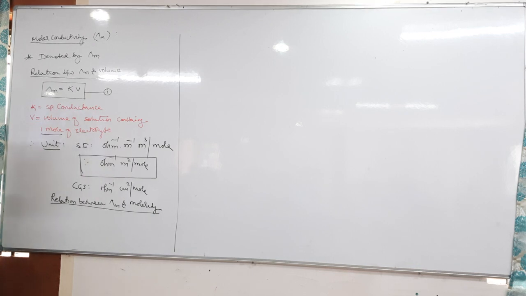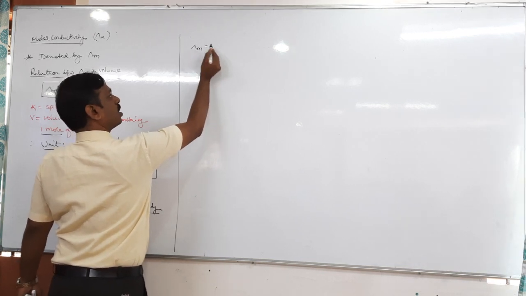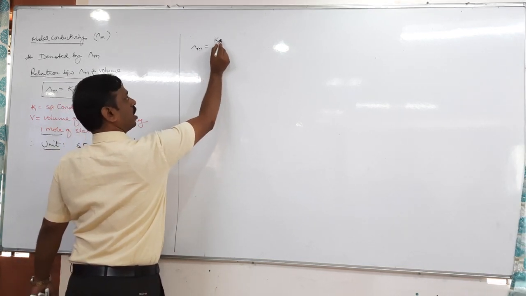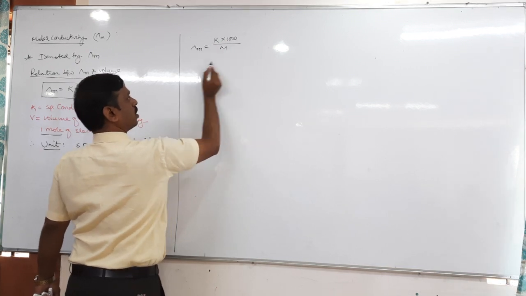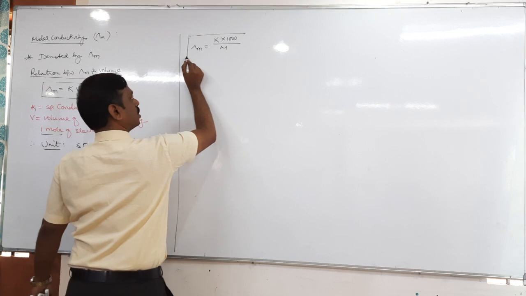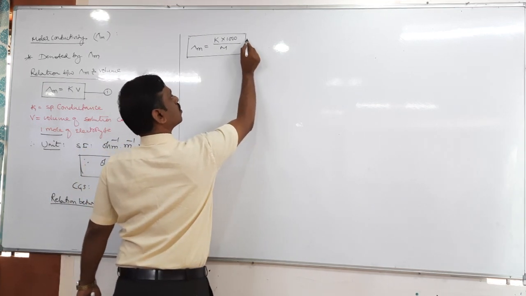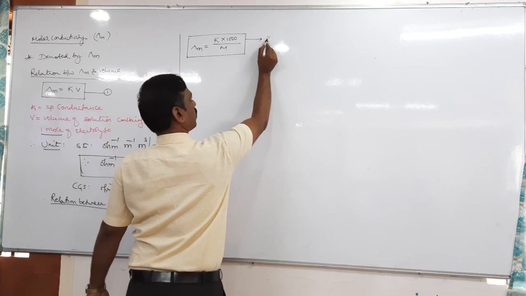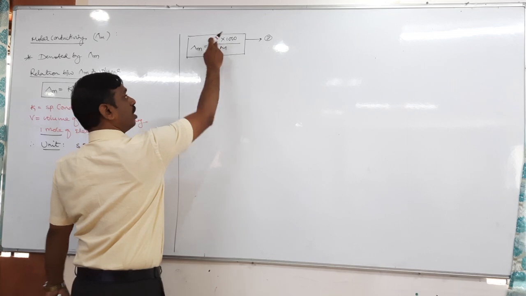There is a simplified relation: lambda m equal to K into 1000 divided by m. Derivation is not required. Remember the equation, this is equation 2. But remember, this formula can be used when the K value is given in CGS.